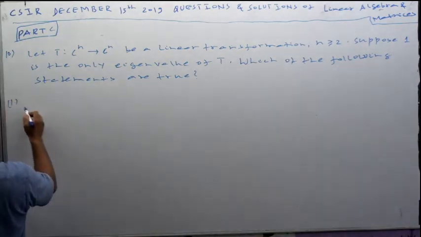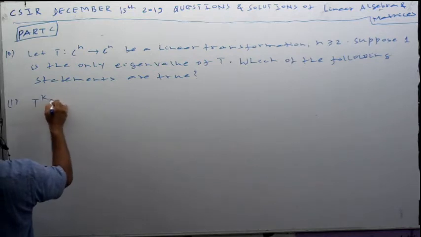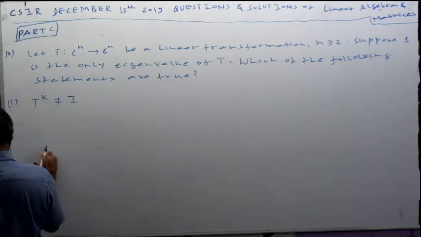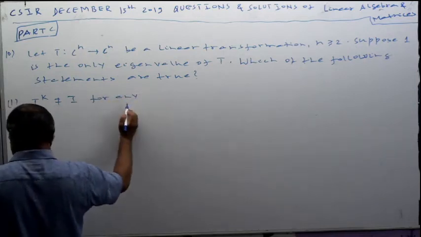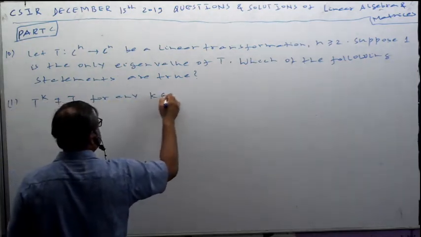Number one, T to the power k is not equal to I for any k belonging to N.